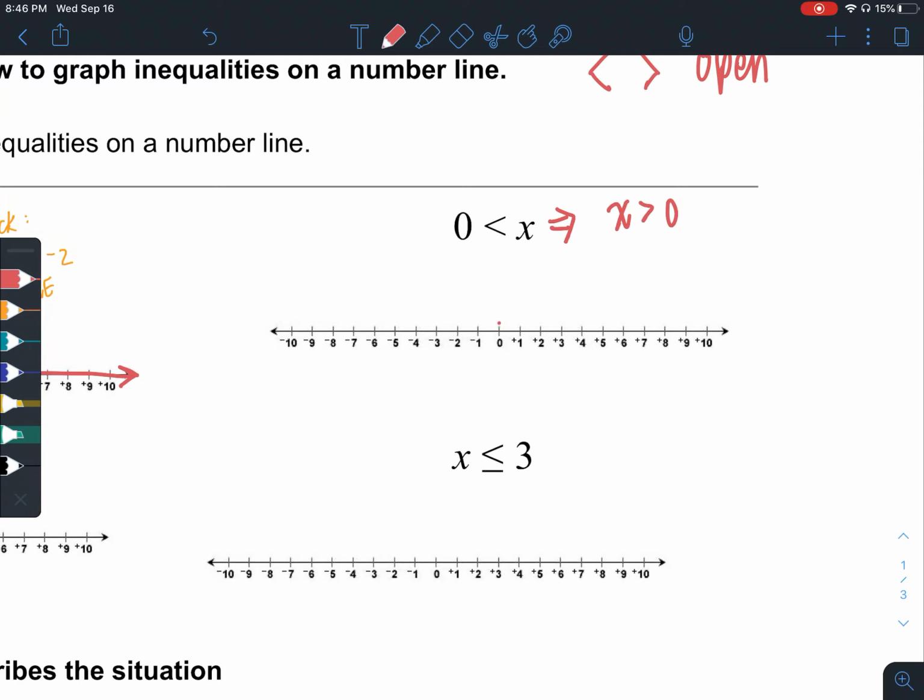So I'm going to put an open circle on 0, and it's going to point to the right since that arrow is pointing to the right. We want to check a value. Let's try 1. So 0 is less than 1. That is true, so we're good to go because 1 is on the line.